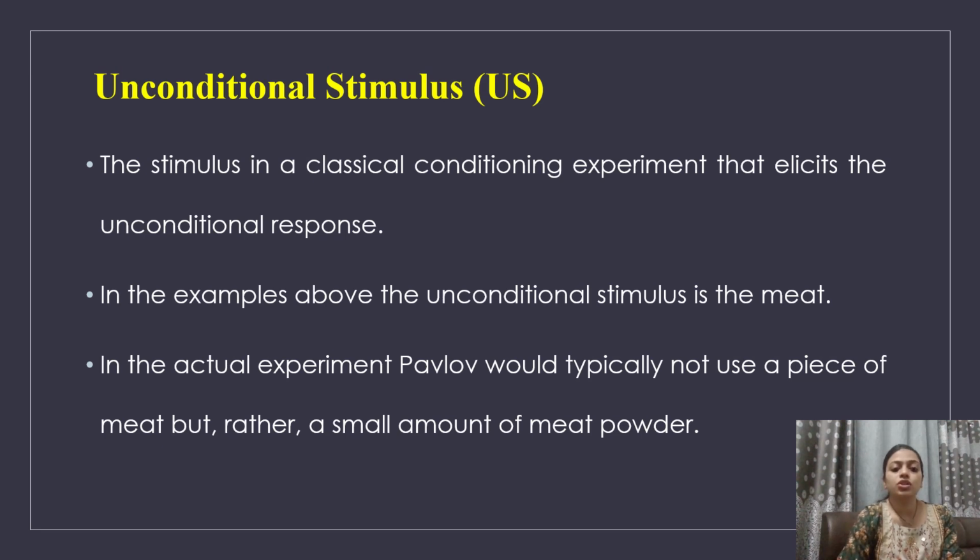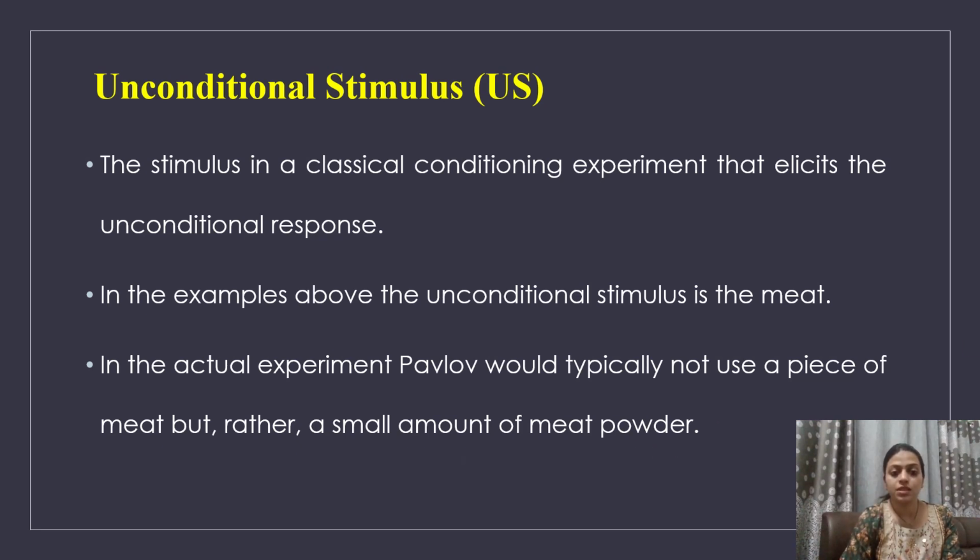The unconditional stimulus in a classical conditioning experiment is the one which causes the unconditional response. In the experiment conducted by Pavlov, the unconditional stimulus is meat. In the actual experiment, Pavlov usually used a piece of meat or a small amount of meat powder.